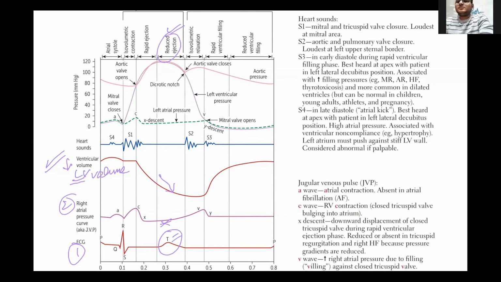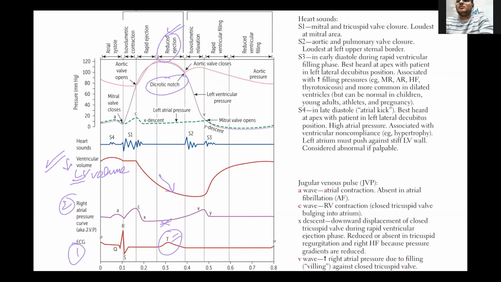Next important point in this will be the dicrotic notch. After this reduced ejection, what will happen? Then the aortic valve starts closing. The aortic valve starts closing, and then what will happen?